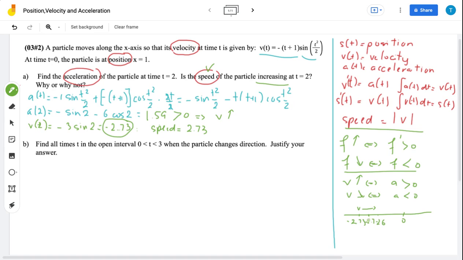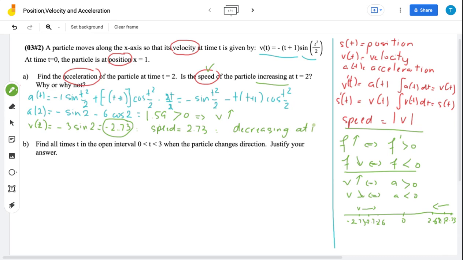But if we take the absolute value, the speed goes in the opposite direction: 2.73, then 2.7, then 2.6. That means the speed is going in that direction, so the speed is decreasing, not increasing.